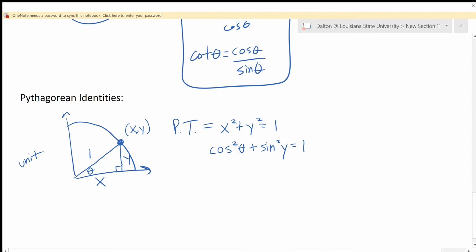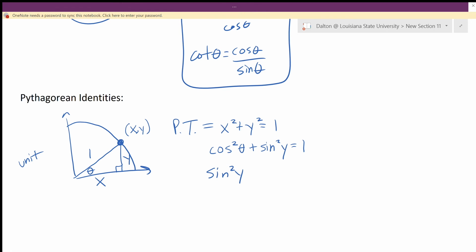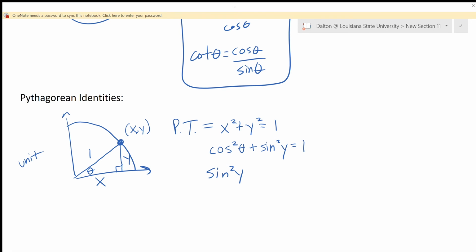On your orange reference sheets, typically we see it written this way first. This should be sine of theta.